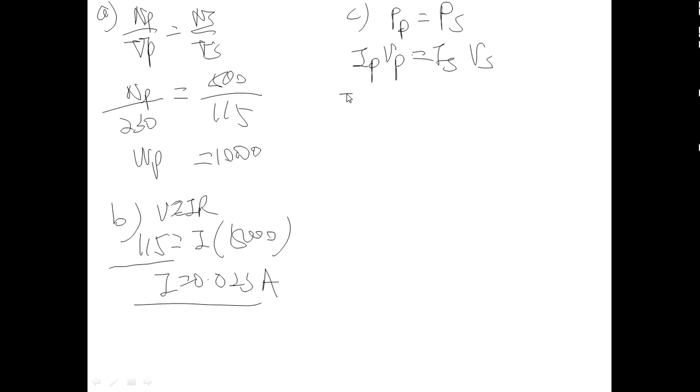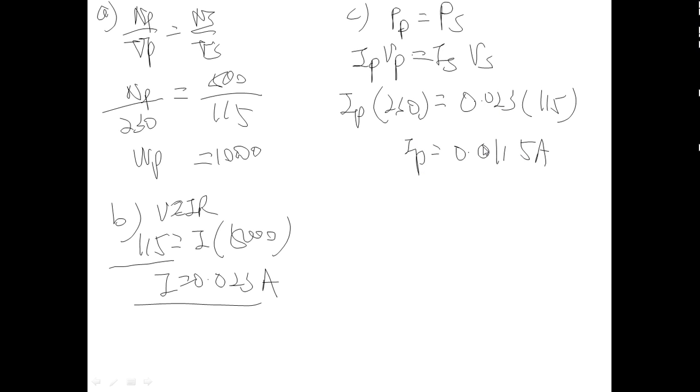I have IP, which I have to find. VP is 230. The current of the secondary is 0.023, which we found in part B, and the potential difference is 115. So IP will be equal to 0.0115 ampere.